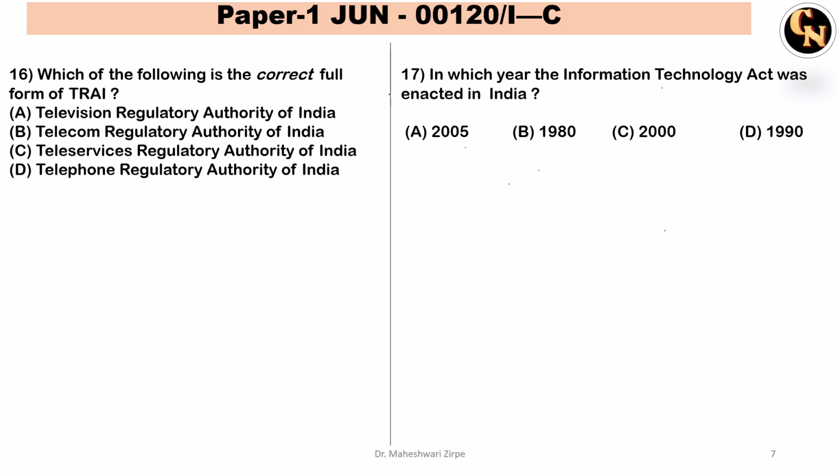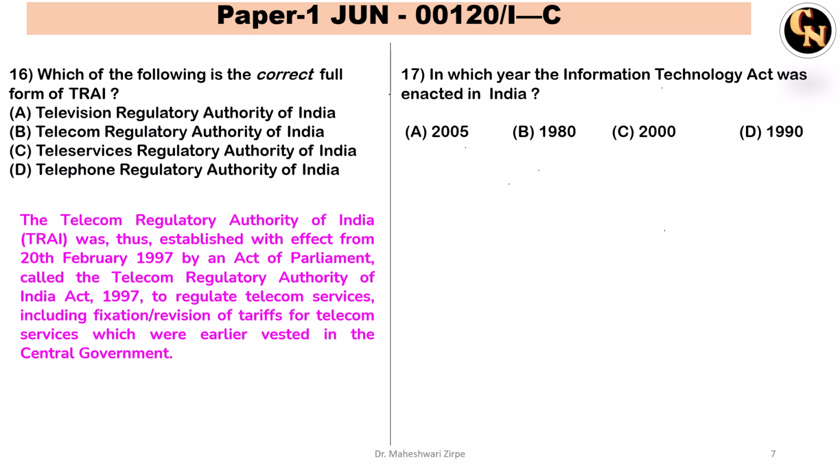Now the next, 16th question is, which of the following is the correct full form for TRAI? TRAI is Telecom Regulatory Authority of India. It was established in 1997 on 20th Feb by the Act of Parliament called the Telecom Regulatory Authority of India Act 1997 to regulate the telecom services, including fixations and revisions for the tariffs.